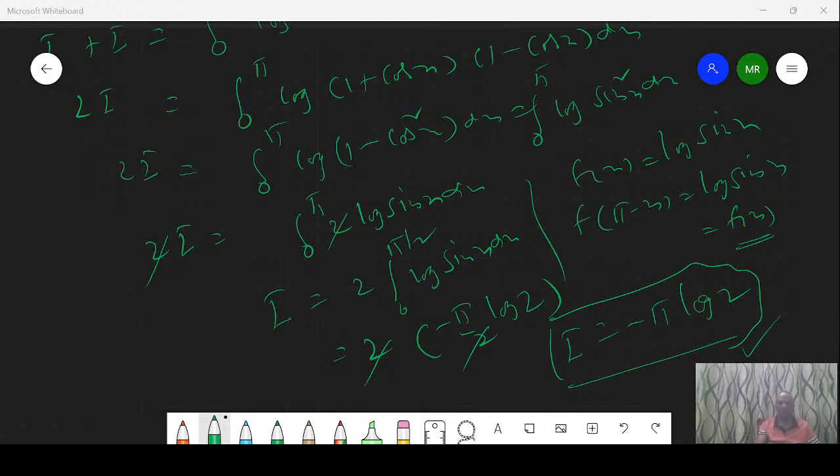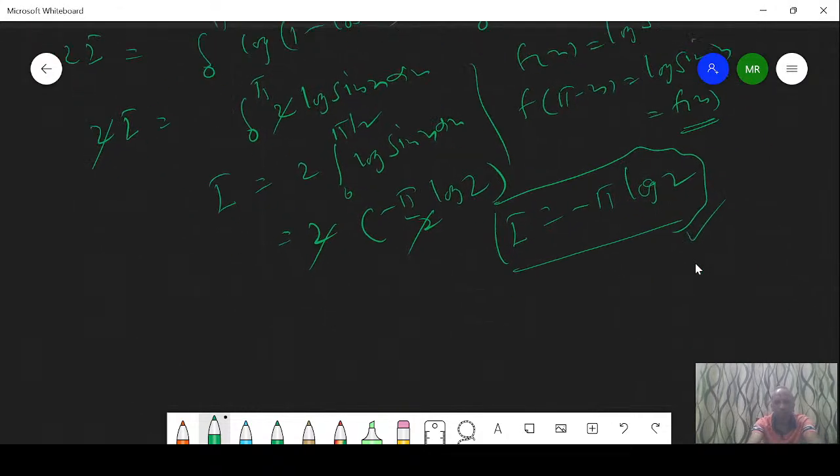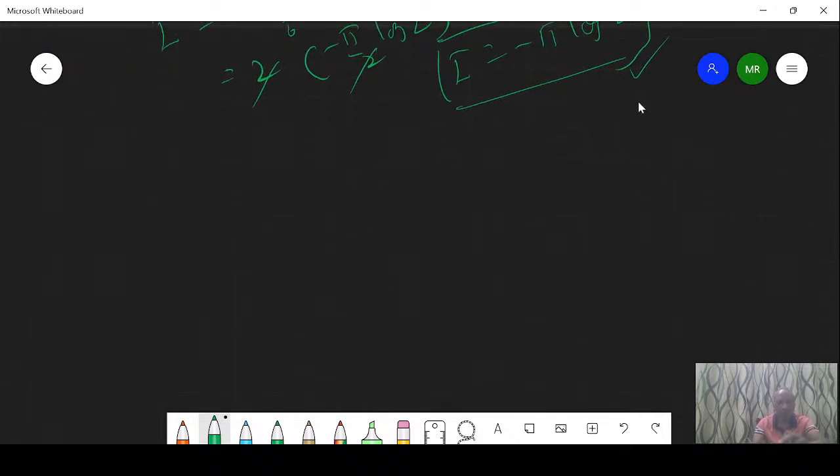The next one is the most important model. I will explain the next one. Here, they have given the integral from minus 1 to 1 of ax cube plus bx dx equal to 0.